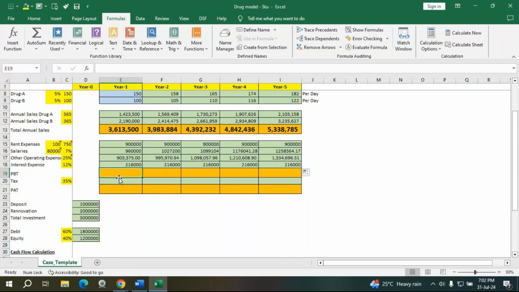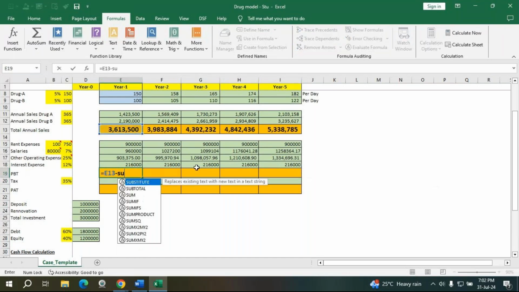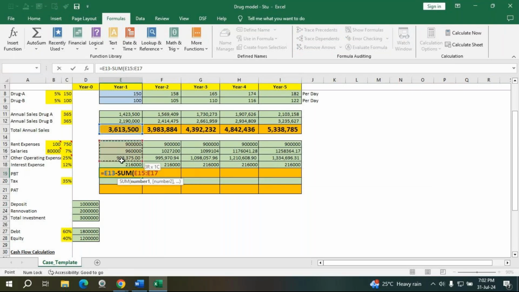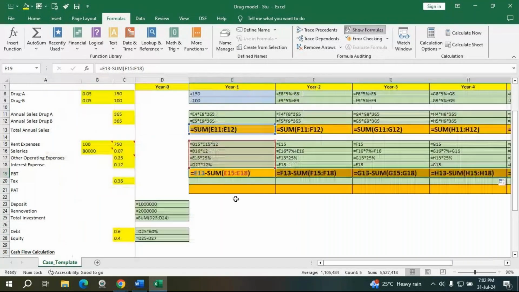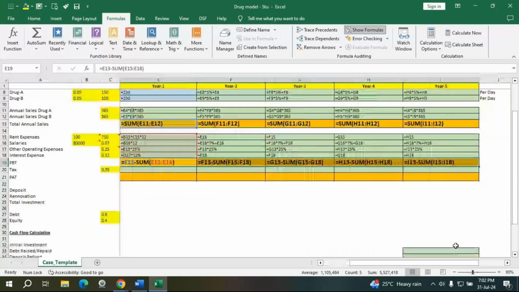Then PBT will be equals total annual sales minus sum of all the expenses. Close the bracket, enter, and here I'll come and drag it. The ones who are trying, please do it till here.